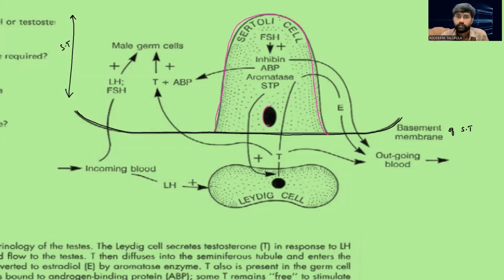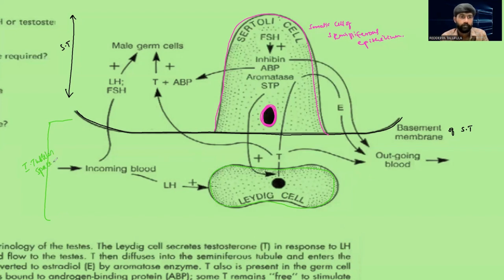Okay, it is the nucleus of the Sertoli cell. It is the somatic cell of the seminiferous epithelium. Okay, now see, these are the Leydig cells. These are the Leydig cells. It is the intertubular space.